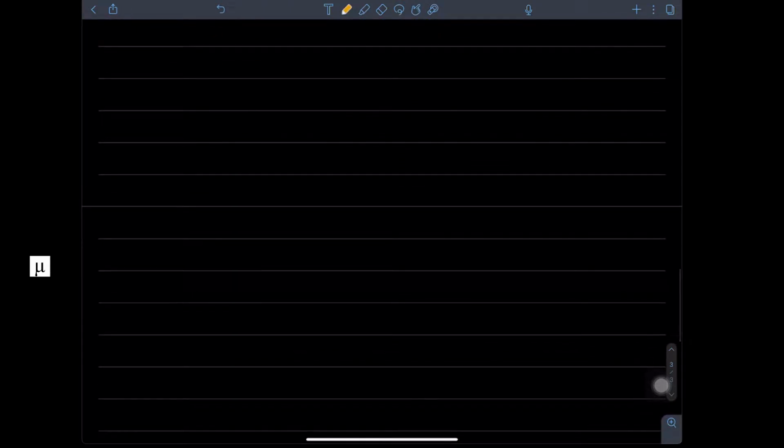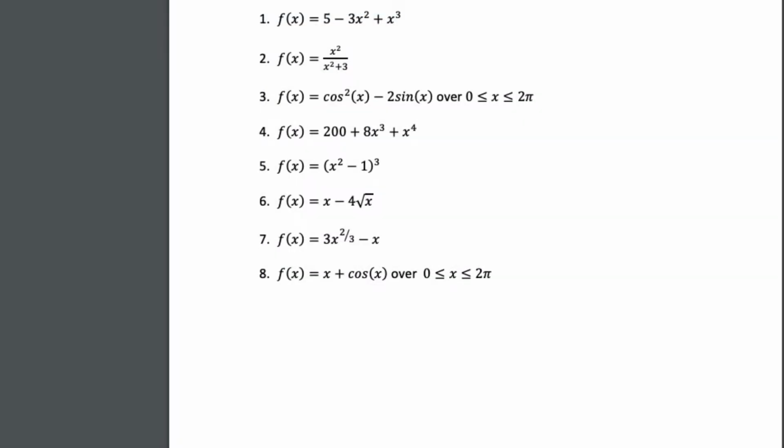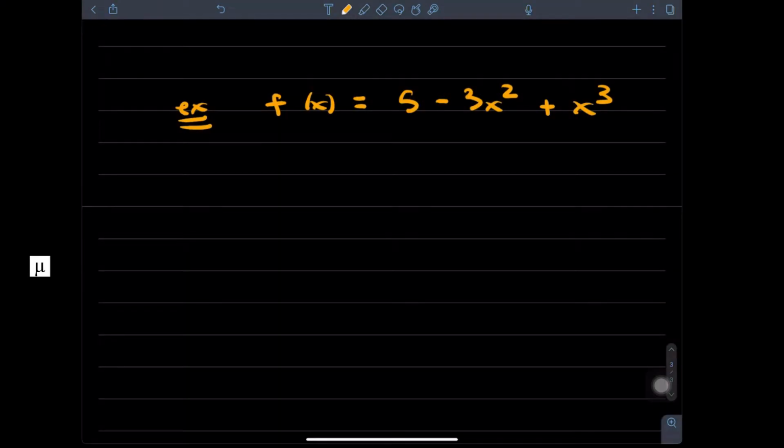So let's do a first example here. So if you look at this, in honor of Halloween, what's our first example here on this sheet? You say, boy, Mr. Judge, you have those same exact questions. What are they? 5 minus what? 3x squared, is that plus what? x cubed, good, because I can't see, old man Judge, right?